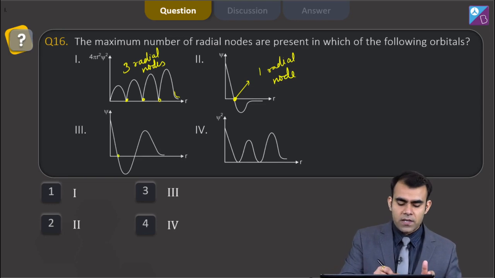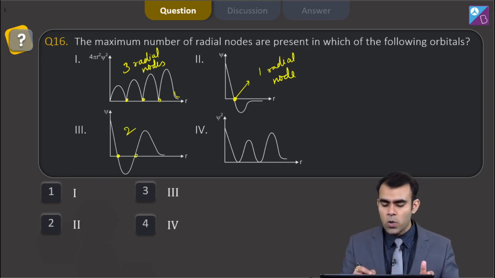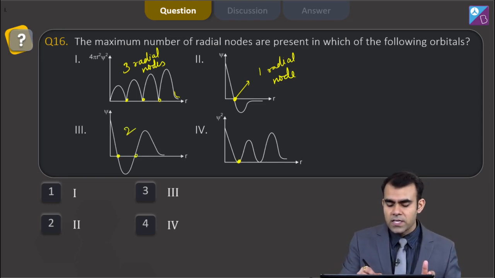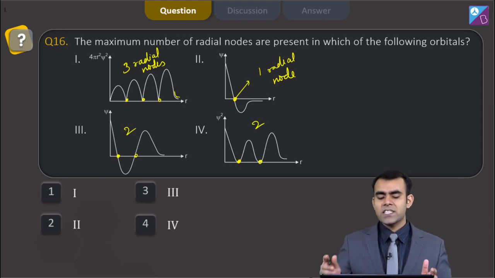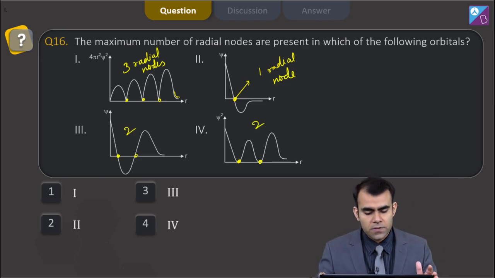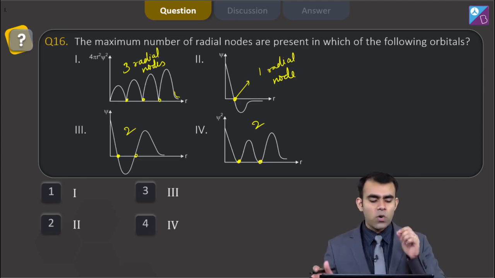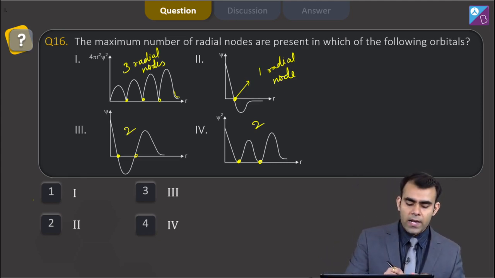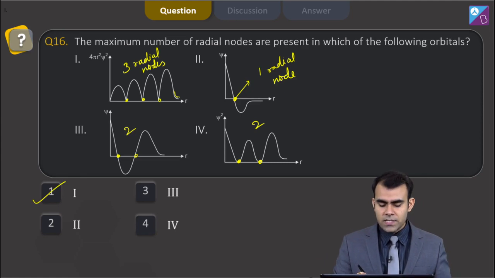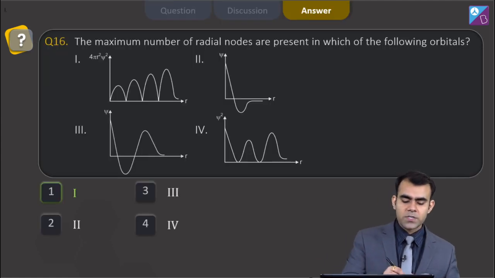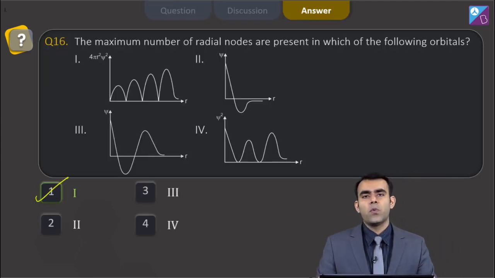Then what about this? Here and here we have 2 radial nodes, and in this case again this one and this one, that is 2 radial nodes. So in which case you are getting the maximum number of radial nodes? You are getting maximum radial nodes in option 1. It means the answer of this question is option number 1.